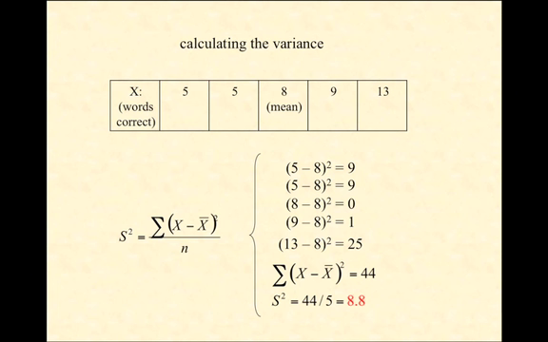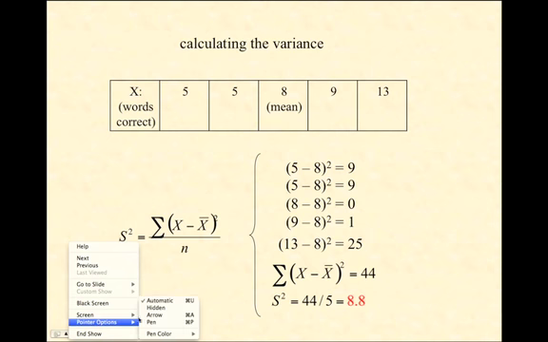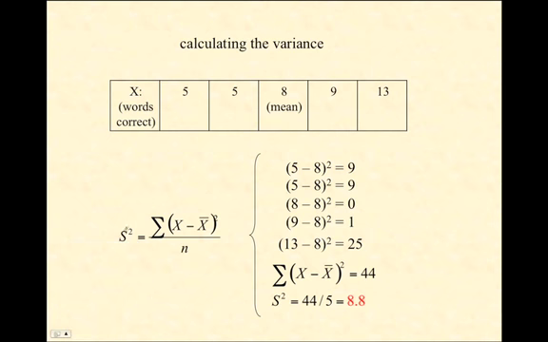So to illustrate this better, let's walk through calculating the variance. Let's go back to a simple distribution. We've got 5, 5, 8, 9, and 13. 8 is our mean in this case. We recall that the variance is the sum of our deviation scores.